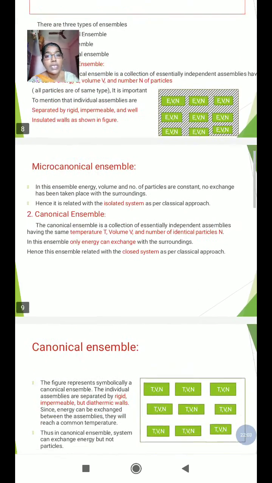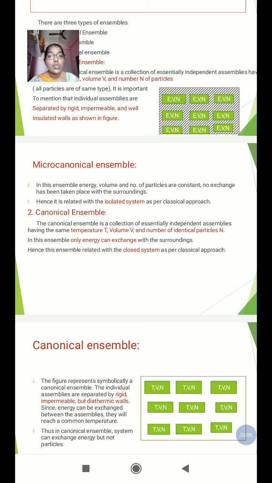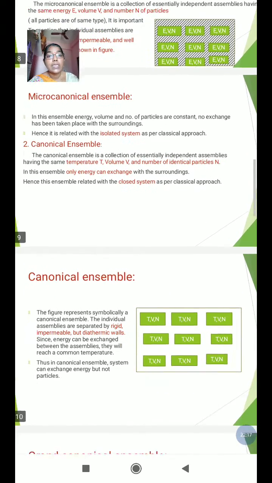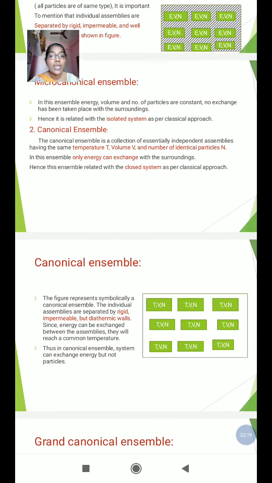Okay, so next one is canonical ensemble. Canonical ensemble is the collection of independent assemblies which have the same temperature T, volume V and number of identical particles N. So see here in this figure we have a temperature. All the systems have the same parameters like temperature T, volume V and N is the number of particles.